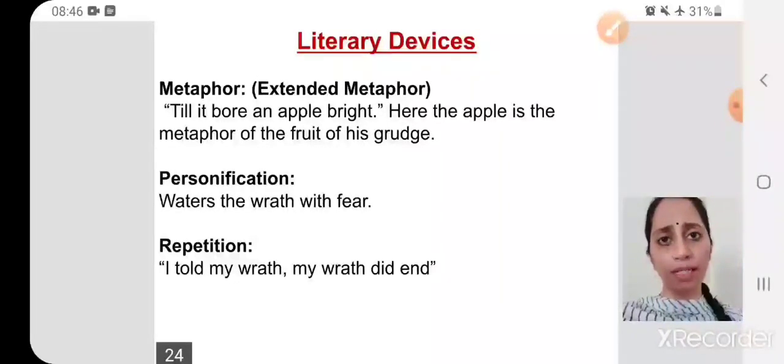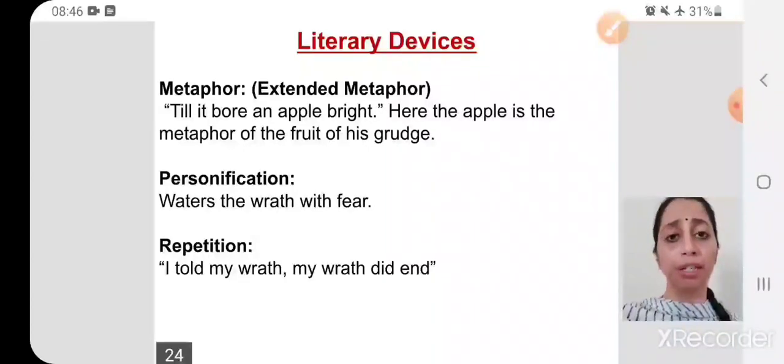We water plants, we water trees and they grow. So can your wrath grow because of watering? No, it's not possible. And he says that his wrath grew because he watered it with fear. So your wrath is an inanimate thing, and he says that it grew because it was watered with fear. Clear, students?